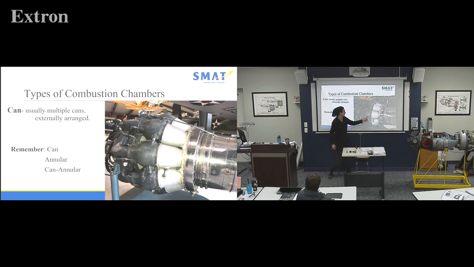That sends the flame to the next one, to the next one. But you can see easily from here, it's like, okay, this has one can, all self-contained other than the flame propagation tube. Inside that can will be the perforated combustion chamber.